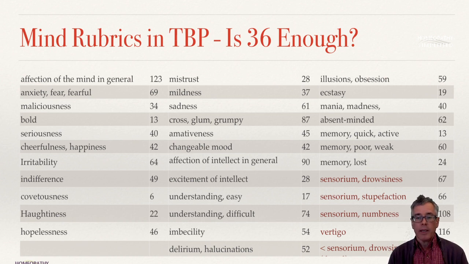Absent-mindedness, quick and active memory, poor and weak memory, and then memory lost. Then some senses, drowsiness, stupefaction, numbness, vertigo, and then drowsiness. So there we see really 36 rubrics in the mind section.